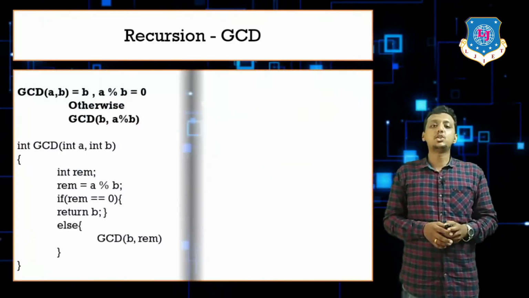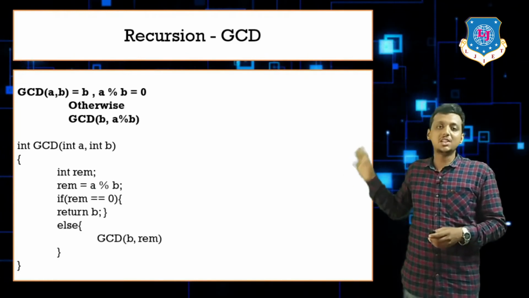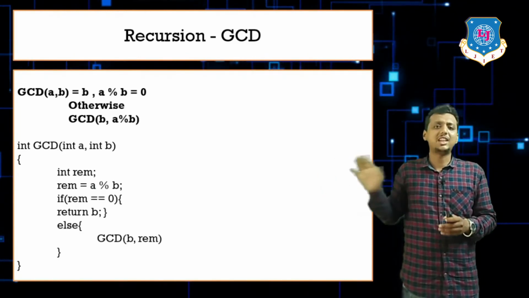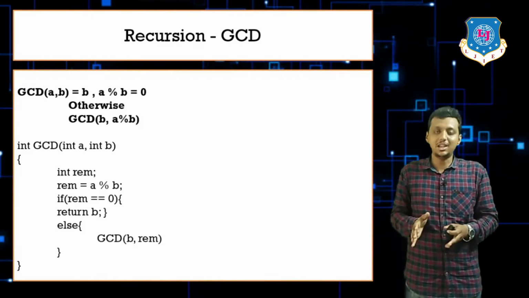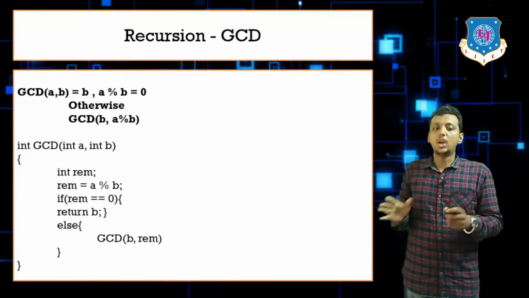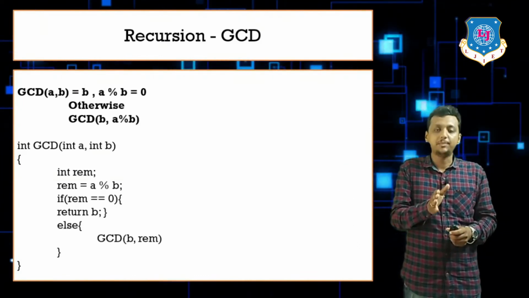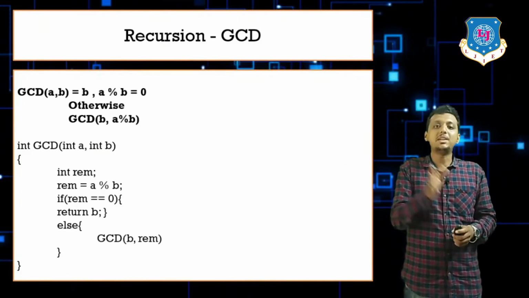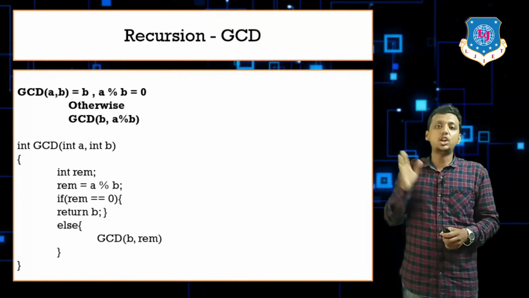Now let me show you the same with GCD. I'm not going to show the stack again because it works the same. But what is GCD? Greatest common divisor. How to find it? You have a function: GCD of a comma b is b if a modulo b is equal to 0.